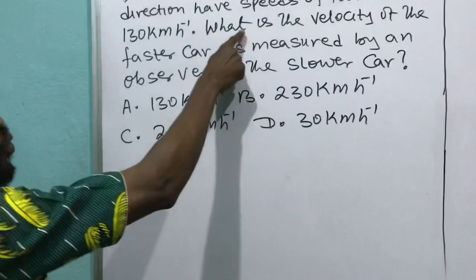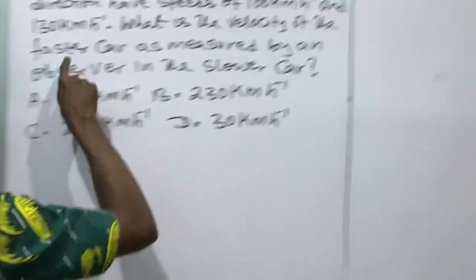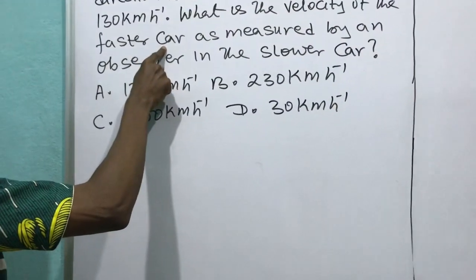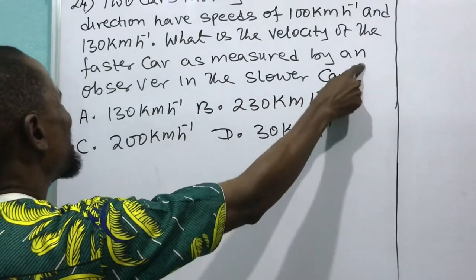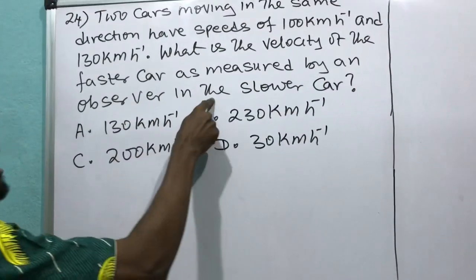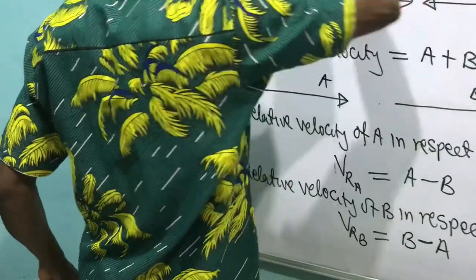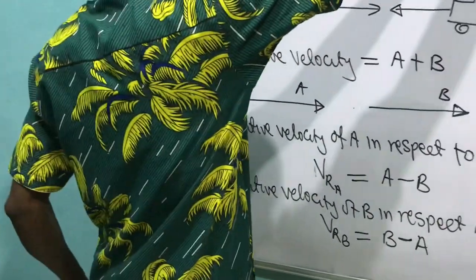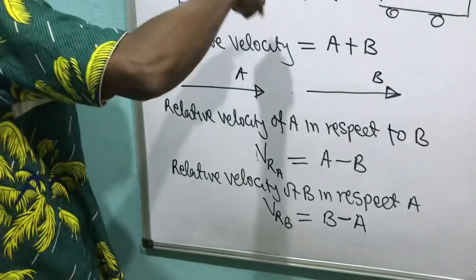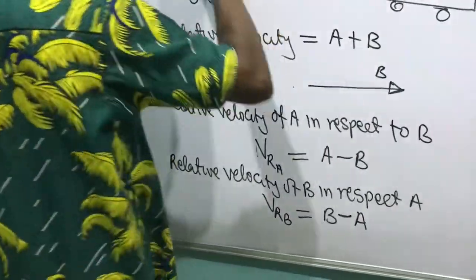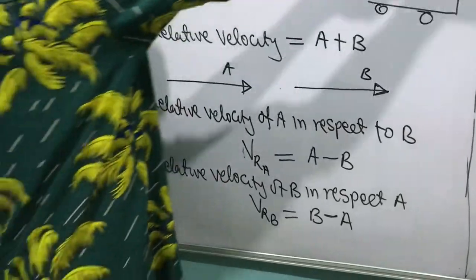Full stop. What is the velocity of the fastest car as measured by an observer in the slower car? What is the relative velocity of the faster one in respect to the observer in the slower one?